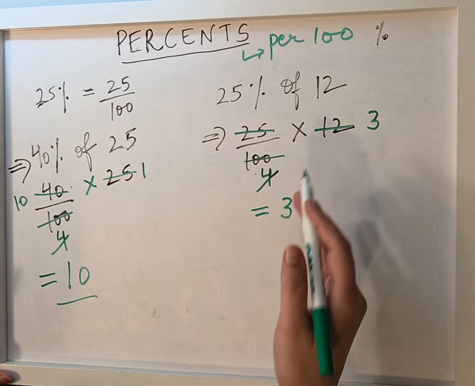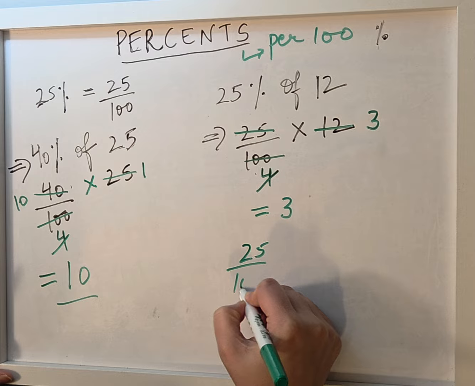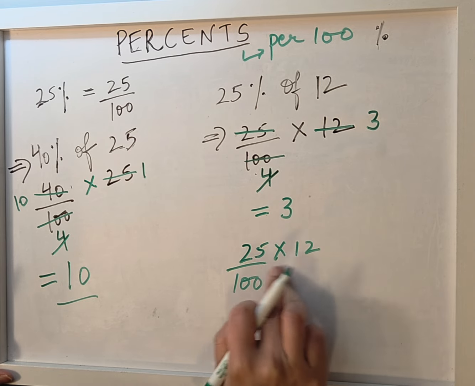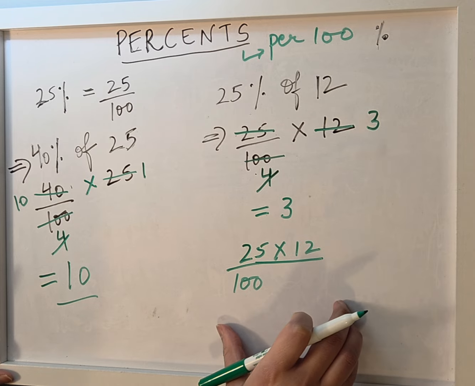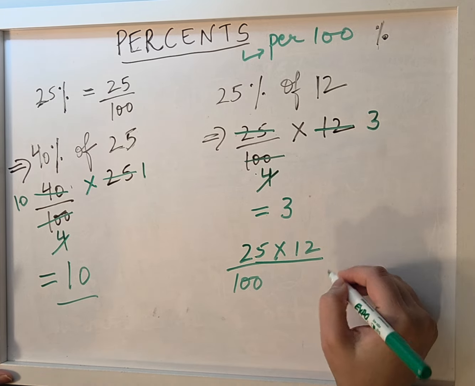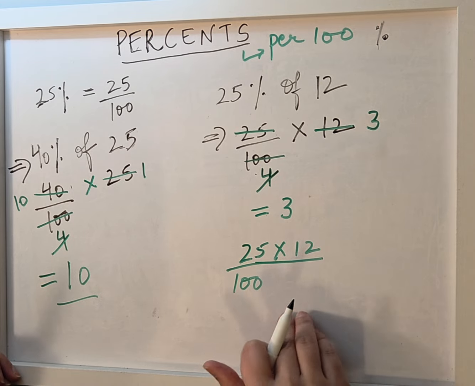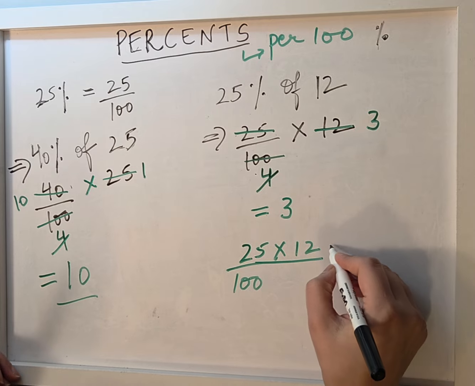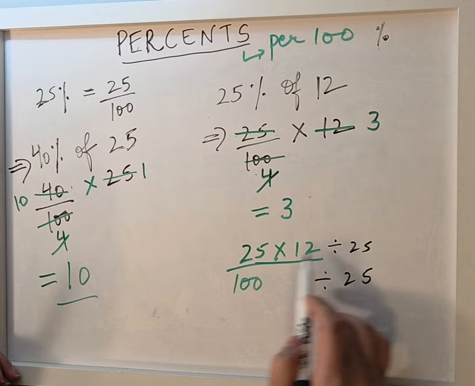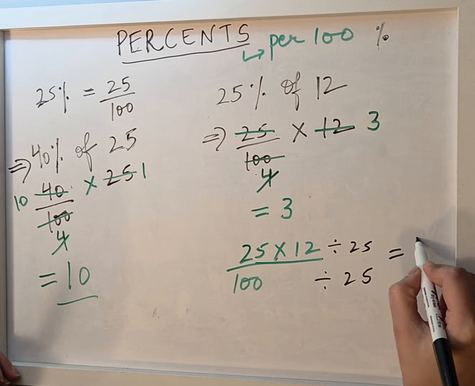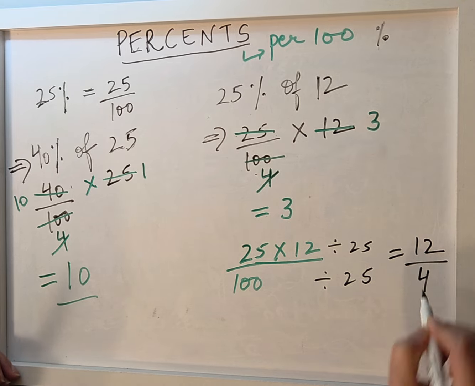We can also understand it in another way. When we have 25 by 100 into 12, it's getting divided in the numerator itself. To make an equivalent fraction, whatever operation we perform in the numerator, we perform in the denominator. If we divide both of them by 25, 25 and 25 get cancelled, so we are only left with 12, and 100 divided by 25 we get 4.